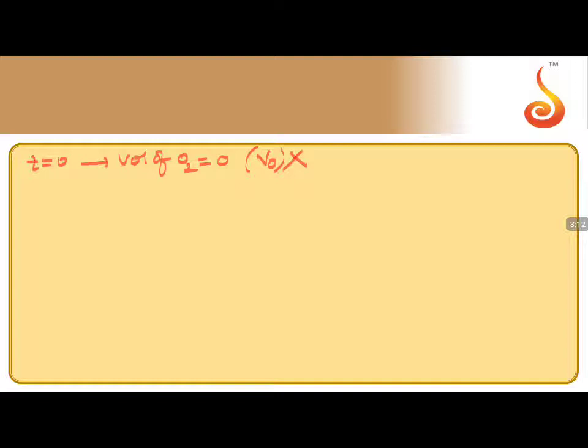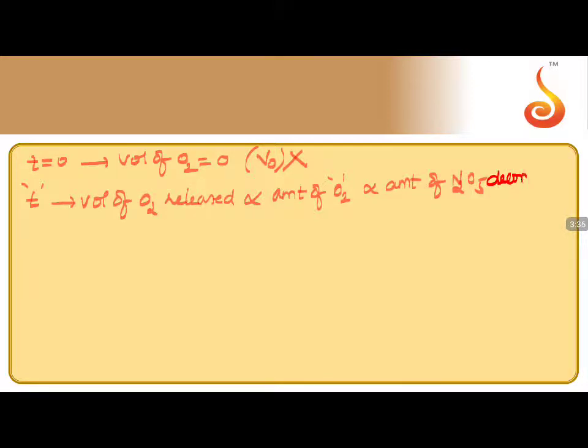But at time t, the volume of oxygen released is directly proportional to the amount of oxygen gas, which can also be taken as the amount of N2O5 decomposed. This is nothing but x. So Vt is proportional to x. This is our first equation.